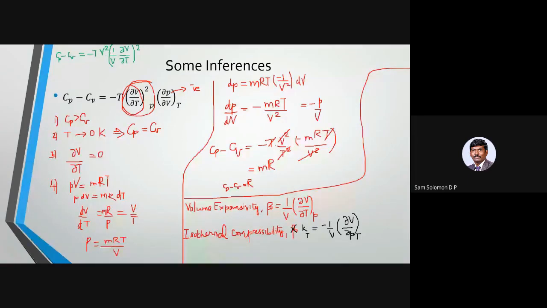Here it is minus 1 by V. So what we do is we multiply with V and divide it by V. So we have V times partial P by partial V at constant T, and to compensate for this V, we are dividing it by a V. Now for this term, what you have is beta squared.